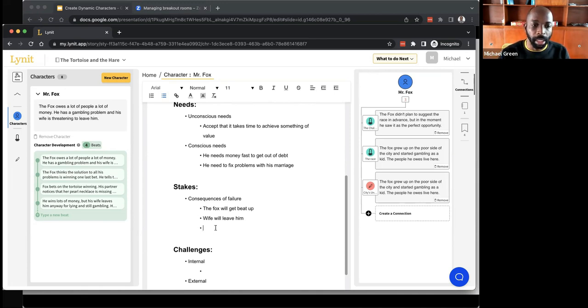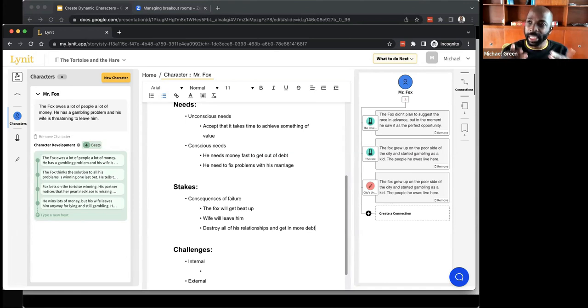So his stakes could be to destroy all of his relationships. Yeah, with everybody. He may just destroy them all because he's getting more debt, because he's going to keep gambling, for example.